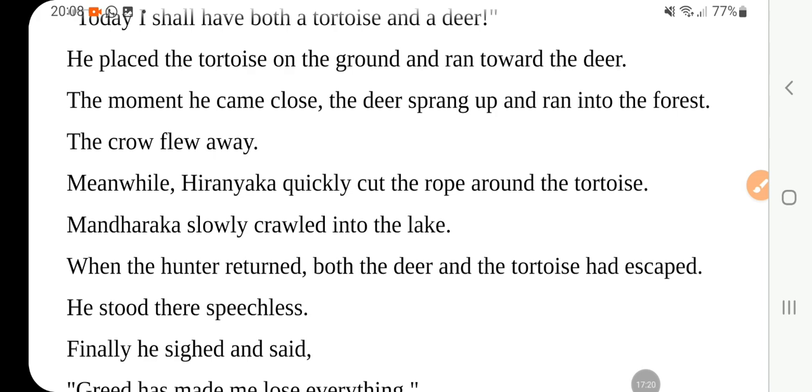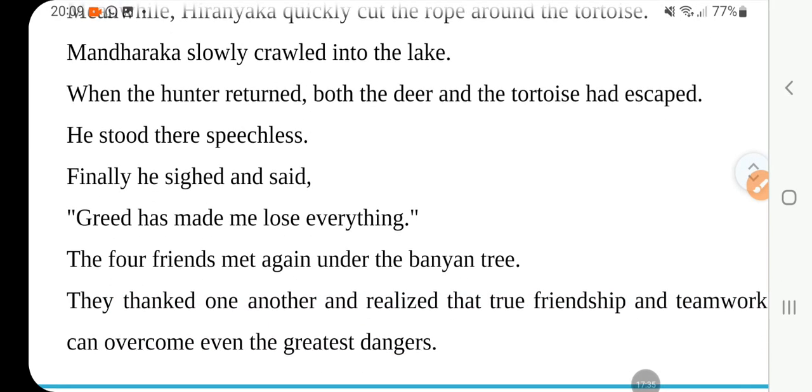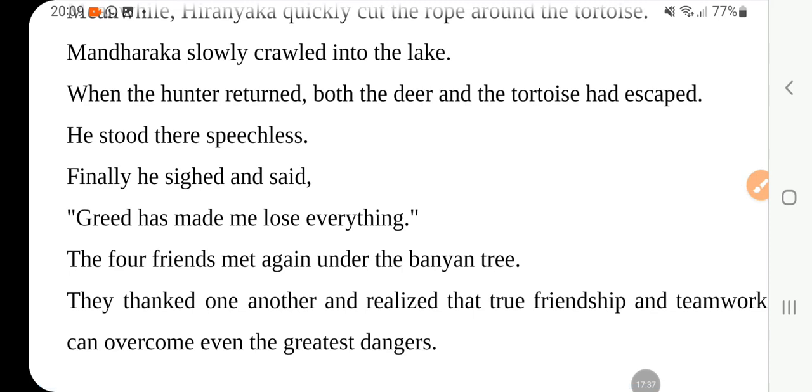The moment he came close, the deer sprang up and ran into the forest. The crow flew away. Meanwhile, Hiranyaka quickly cut the rope around the tortoise, and Mandarka slowly crawled into the lake.